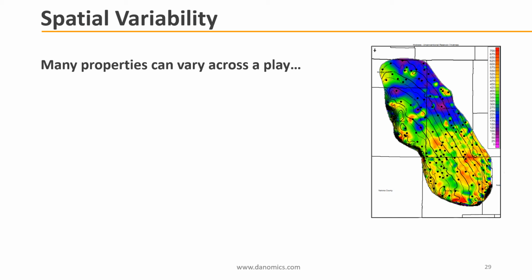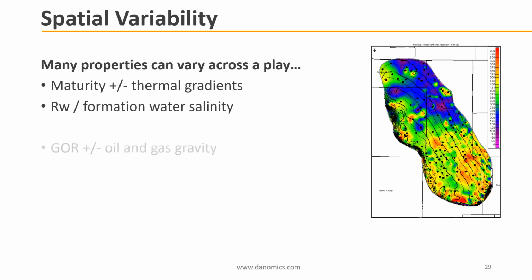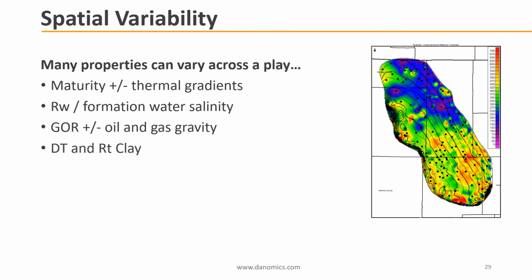So what varies? We can have things like maturity, formation salinity, the type of hydrocarbons, and things like gas-oil ratio. When we're performing a mineral inversion, we need to know the sonic and resistivity values of things like our clay minerals, which can vary across a play with compaction.